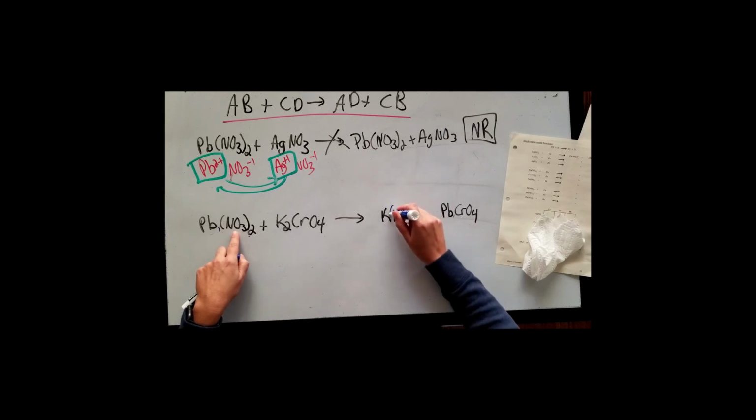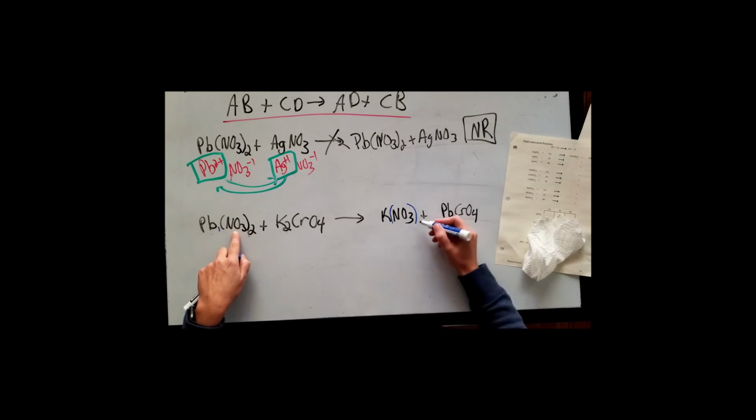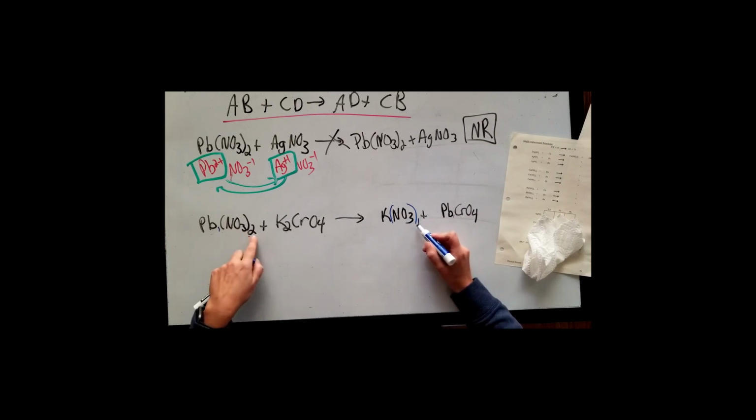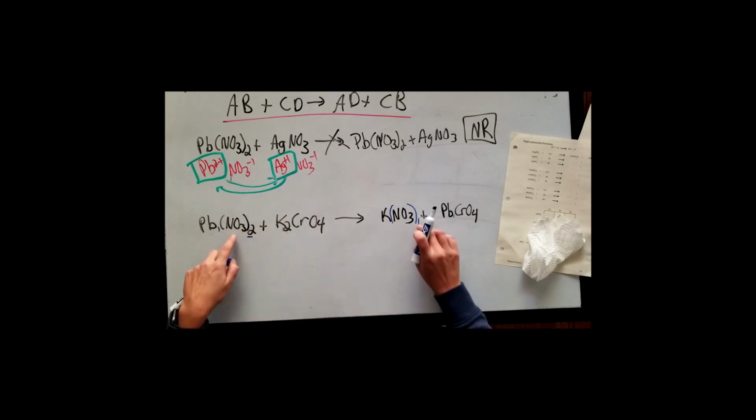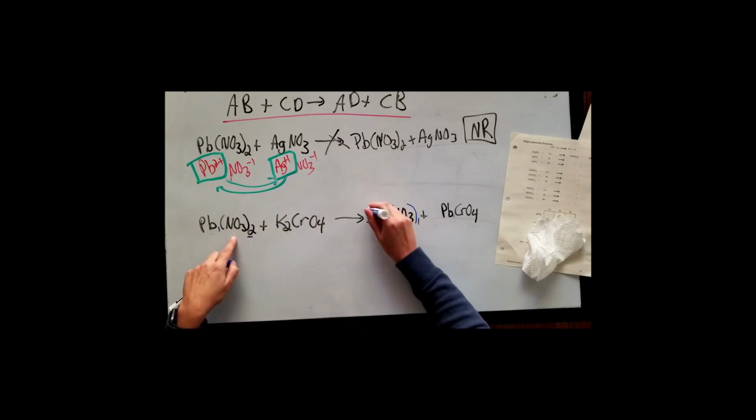How do I know it's just 1? Imagine parentheses around that ion. Outside of the parentheses, there is no number, so we assume there's just 1 of them. So 1 NO3 on the product side, 2 NO3s on the reactant side. So I need 2 on both sides, so I add a coefficient of 2 in front of this compound.